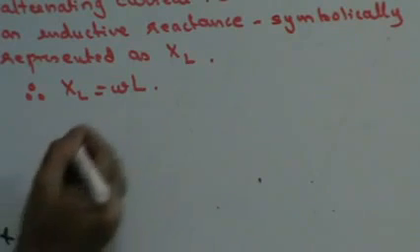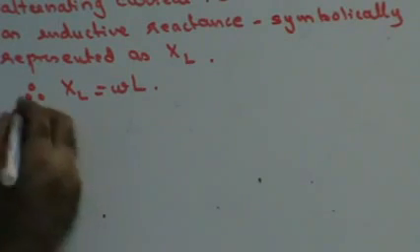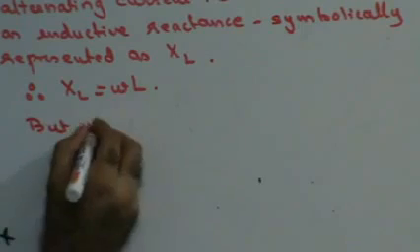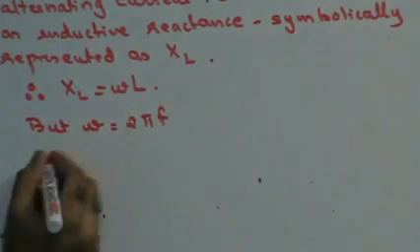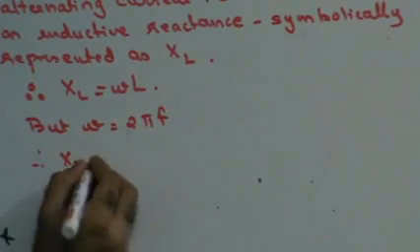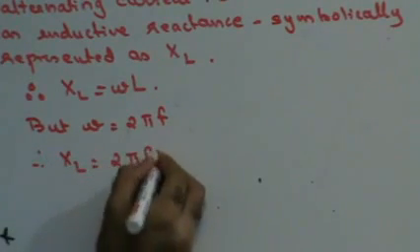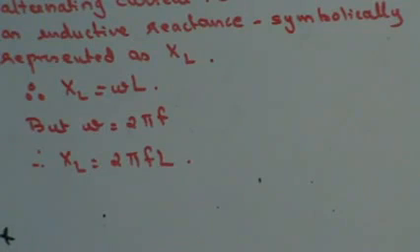But we know that omega is 2 pi f. So therefore XL is nothing but 2 pi FL. Thus the inductive reactance is given by the formula 2 pi FL. So what is inductive reactance?